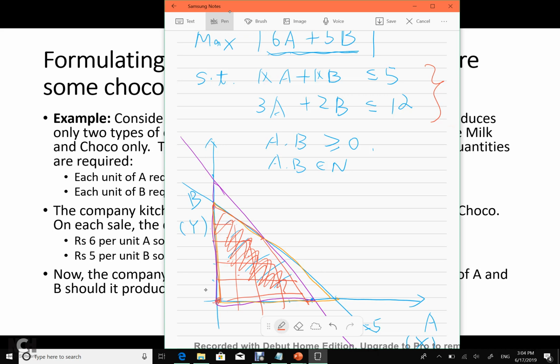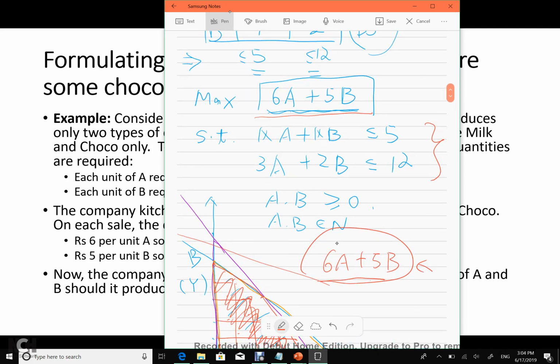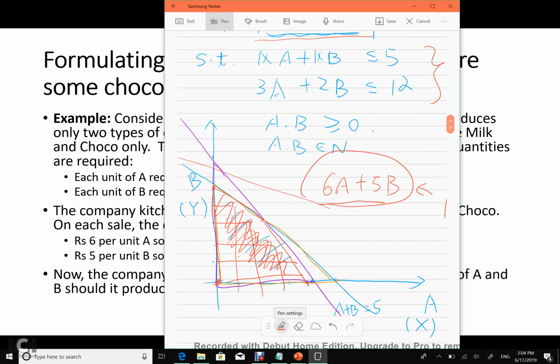And if you want to check 6A plus 5B, you can check each specific integer A and B to see which one gives you the highest number. Another thing is that the objective function corresponds to a group of functions, right? Let's use another color to represent that.